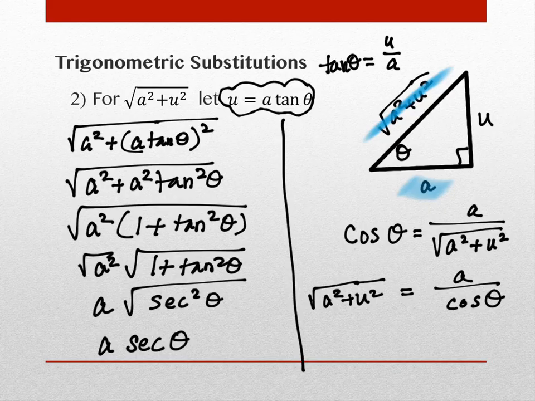But a over cosine of theta is the same thing as what? It's secant. Cosine in the denominator, the reciprocal identity for that is secant theta. So we end up with a secant theta, just like we expected from the analytical approach.